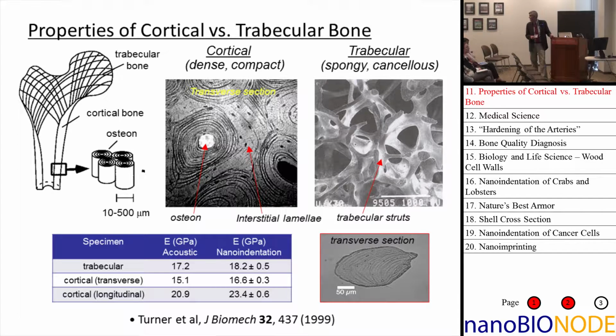Longitudinally, it's about 21. So in the end, the average of those is pretty close to what happens in the trabecular bone. And so the inherent mechanical properties of the trabecular bone are the same as cortical bone. It's amazing. And that paper has become extremely highly cited. That was something that I had no idea was going to happen.